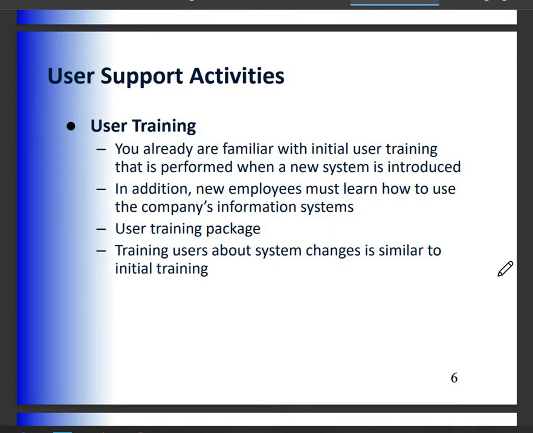Okay, so untuk user punya support activities, kita ada 3 jenis activity. Aktiviti yang pertama ialah user training. Okay, awak kena faham tahu user training. User training bermaksud you are going to train awak punya user.